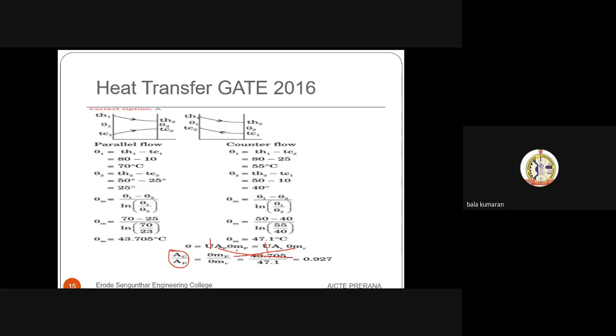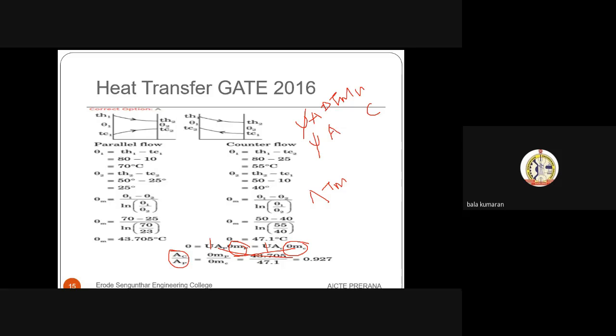To find out this answer, we should know what this is. This is nothing but del T actually, del T M. You know the formula, right? U A del T M. For hot, we can keep it as H, and for cold, we can keep it as C. Both are common, so U and U will be cancelled.